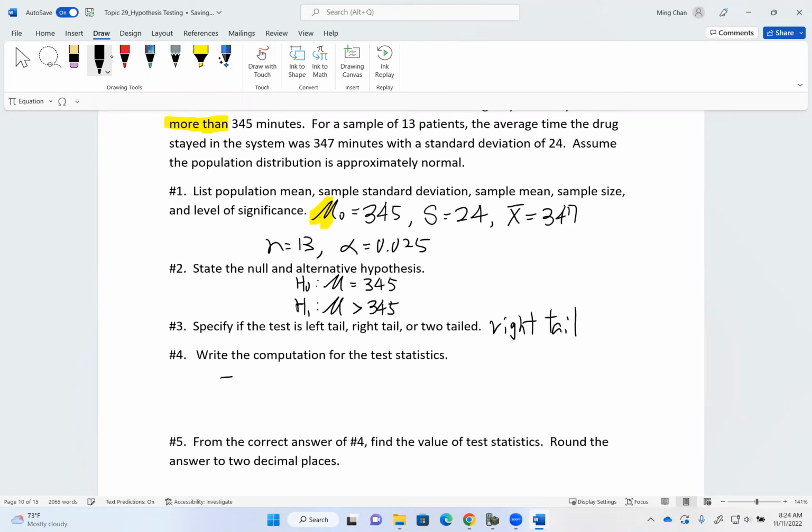All right, the computation. This is the test statistic t null: X bar minus the mean of null, 345, divided by S over square root of n. Let me make sure I got my formula down pat. S is 24, n is 13.